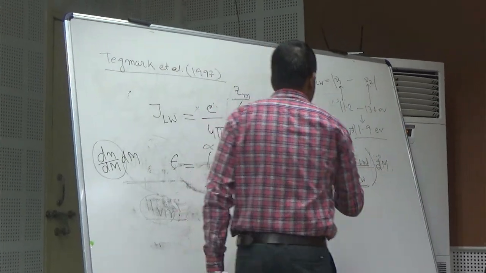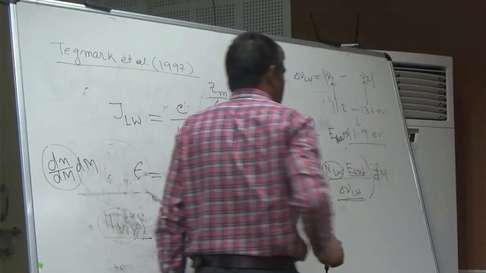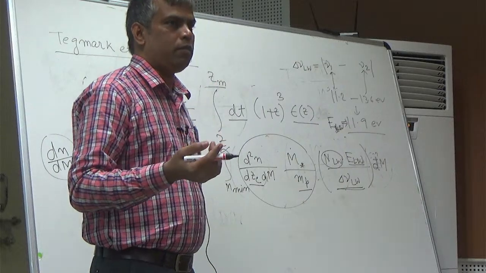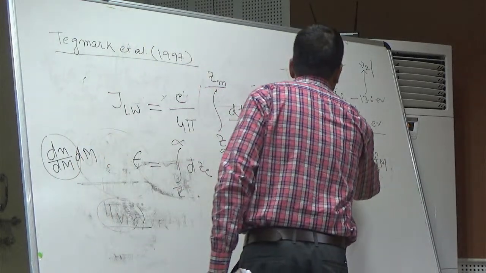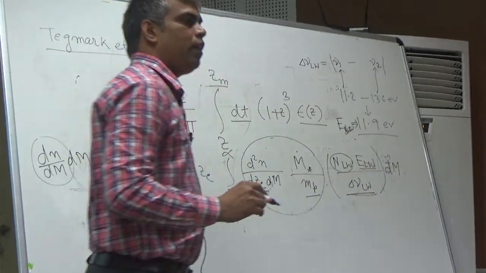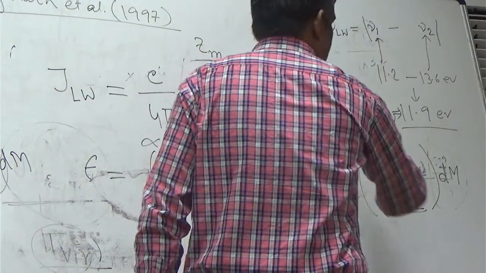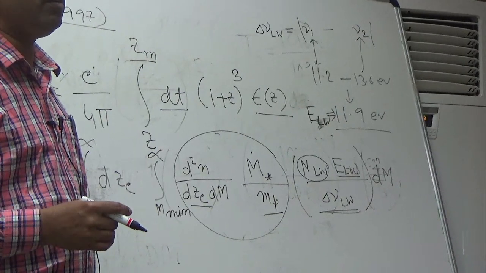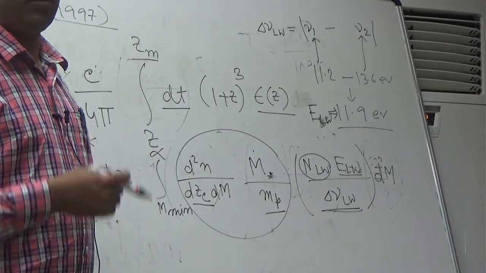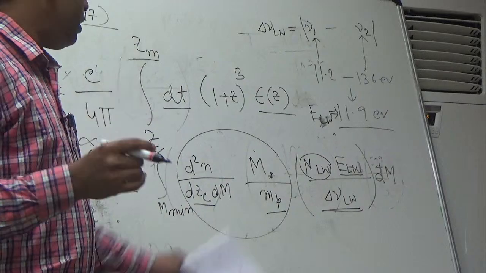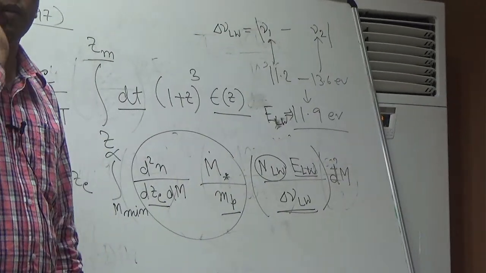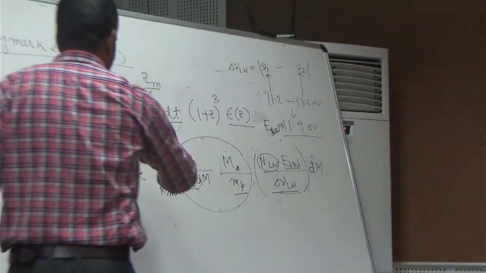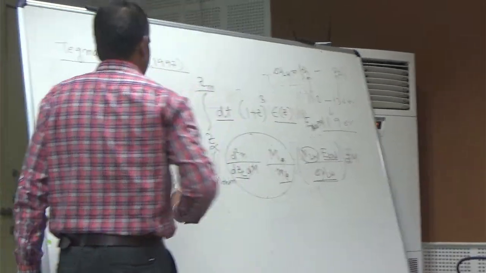And this is the number of Lyman-Warner photons emitted per baryon. That number actually is very uncertain. We don't know how many Lyman-Warner photons are emitted per baryon, so we have to assume some model, and depending on the model, this number will vary.